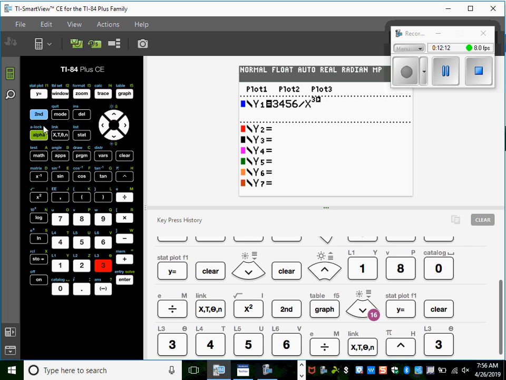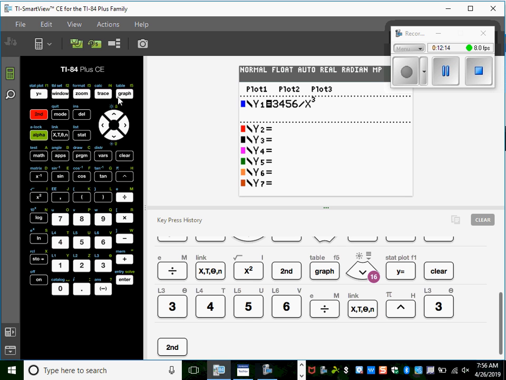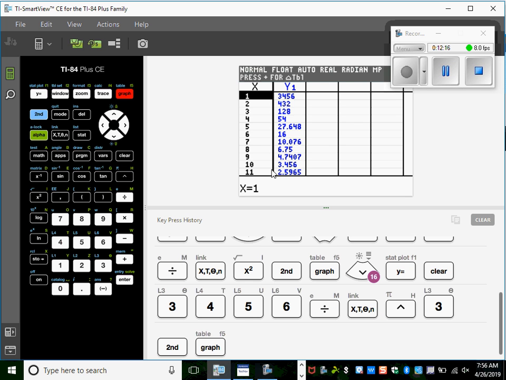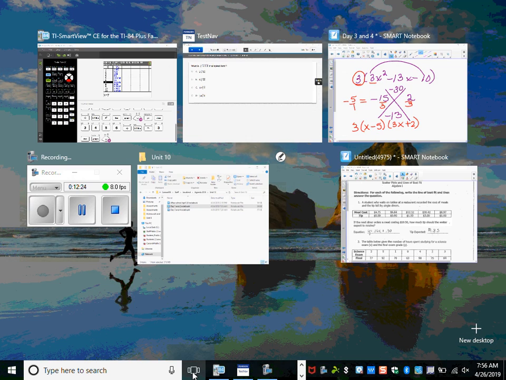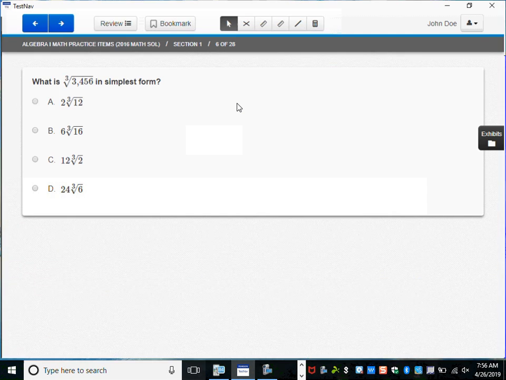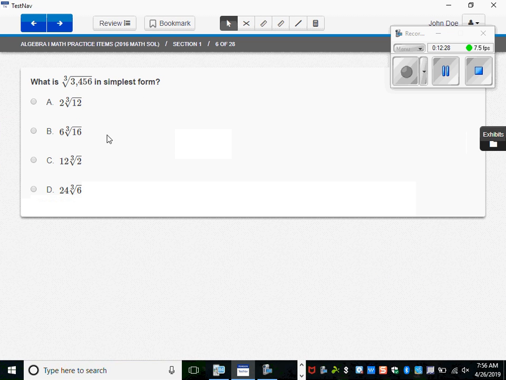Okay, and then I'm going to go to the table. And what was the answer? All right, so yep, 6 and 16. And again, that's just something you can do right with your calculator. There's no reason to get calculator problems incorrect. All right, 6 and 16.